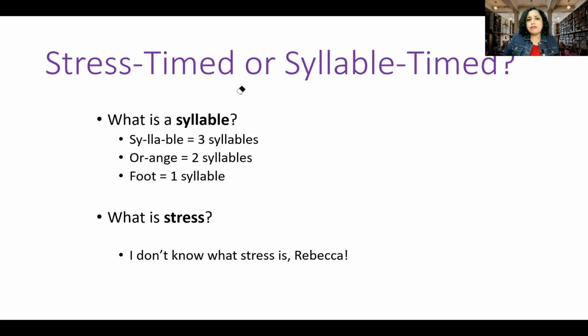Yes, in English there are several words that are just one syllable, as in the example here, foot, but we also have words with 2, 3, and even more syllables. And that's when the question comes up: do we have to time the stress in the syllable, or what do we do here? Just as an example, for 3 syllables you have the word syllable, and for 2 syllables, orange.